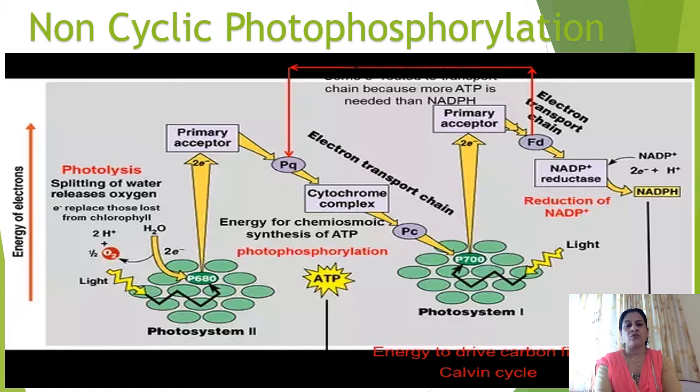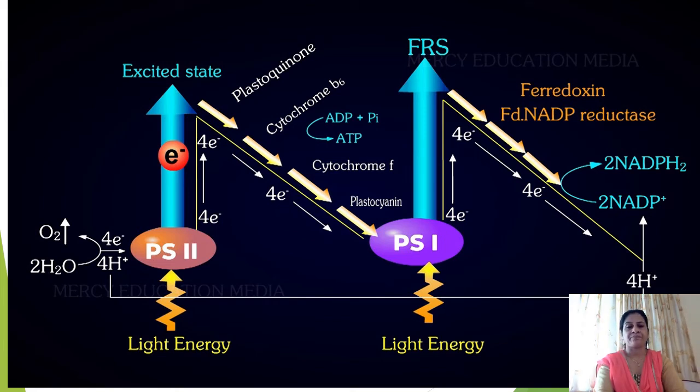Plastoquinone reducing substrate donates electron to plastoquinone. From plastoquinone, it goes to the cytochrome complex, that is cytochrome B6 and cytochrome F. Finally, it comes to plastocyanin. PC is plastocyanin. Plastocyanin here does not donate electron to P680, rather it donates electron to P700, that is PS1.